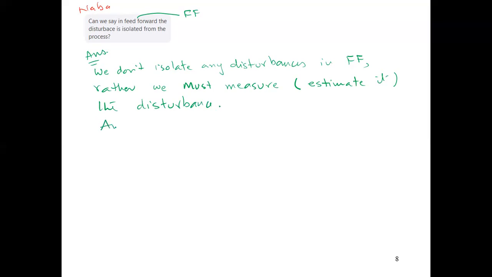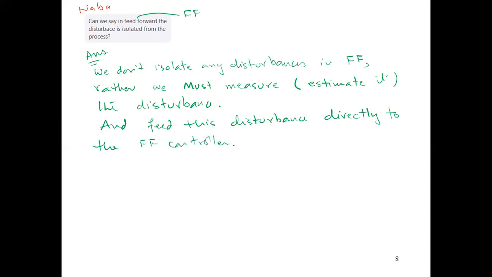And we need to feed this disturbance directly to the controller, the feed forward controller.